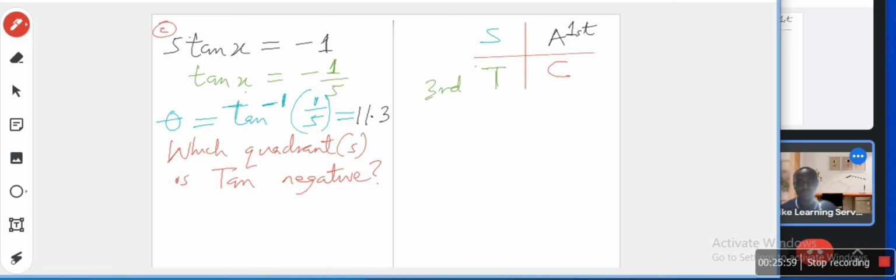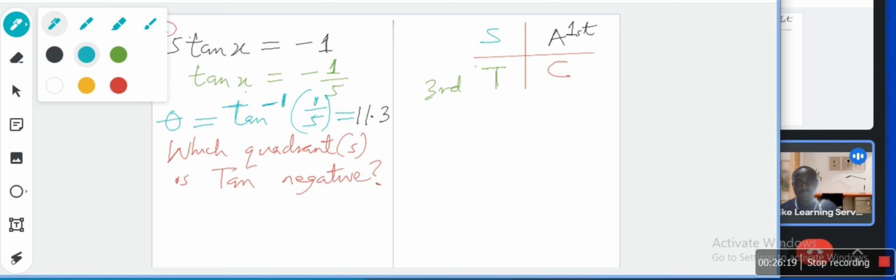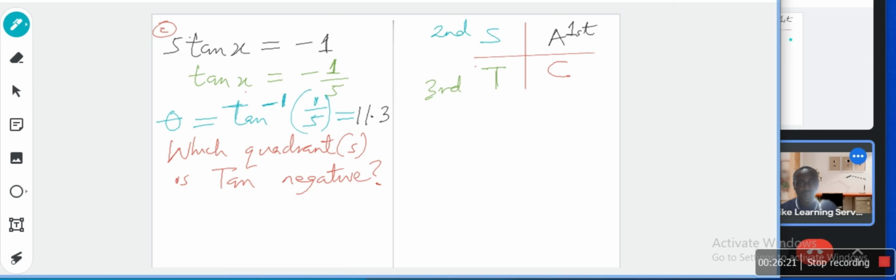That's the question. I asked you about positive so that you can see the positive, but the question we are solving is for minus 1. So it is negative in the second and in the fourth.